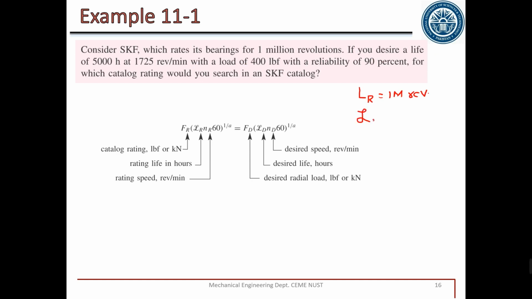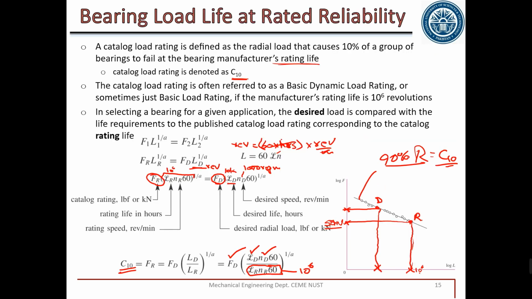So the desired life is 5k hours, the desired RPM is 1725, the load is 400 lbf, and the reliability is 90%. The last equation was for a reliability of 90%.